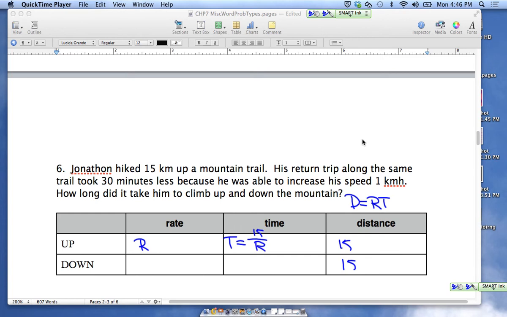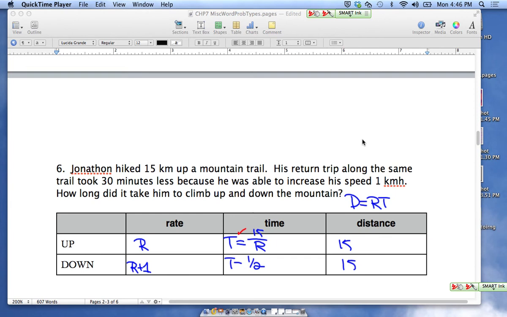Coming down, his return trip along the same trail took 30 minutes less, so his time is minus 1/2. And he was able to increase his speed by 1, so his rate becomes R plus 1, comparing to the up portion. So looking at the down descriptions, I have too many variables. So if I go back to the up row and I think of this relationship time equals 15 over R, I'm comparing his time down to his time up.